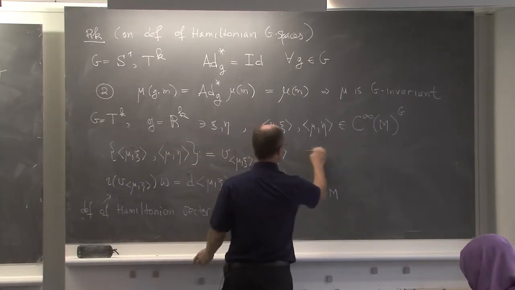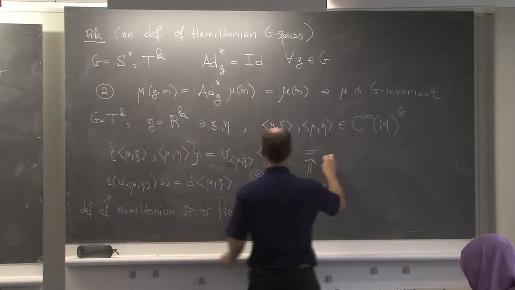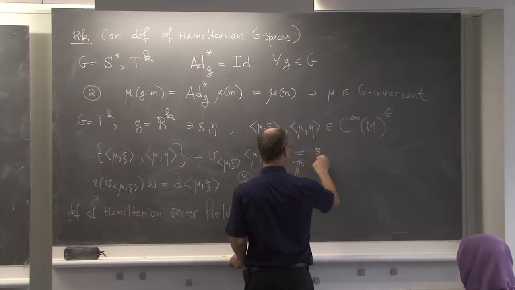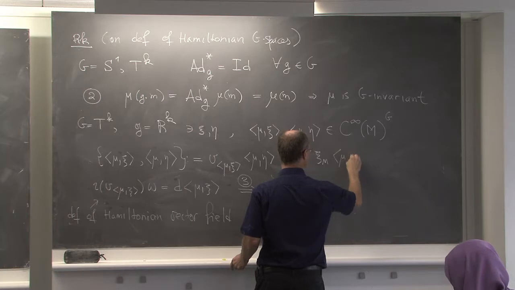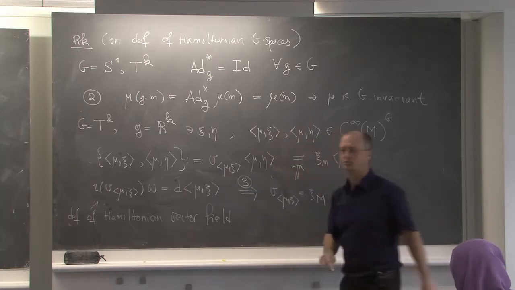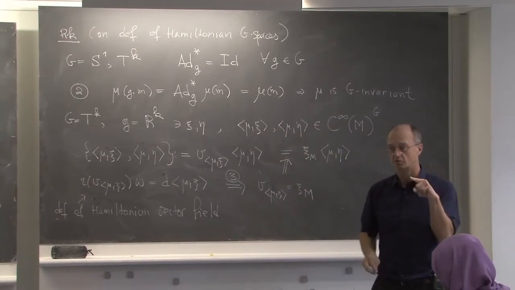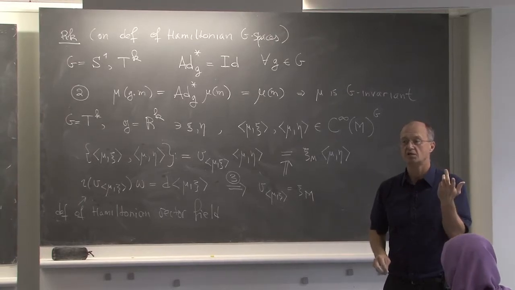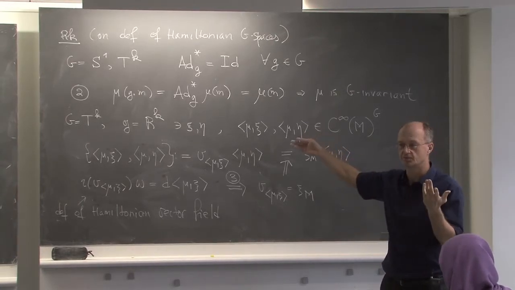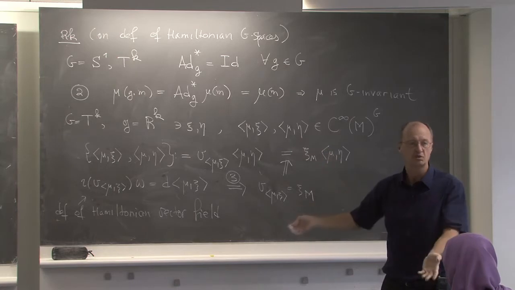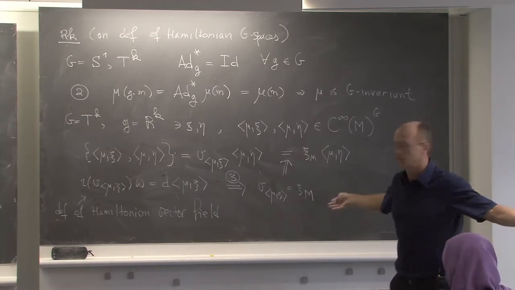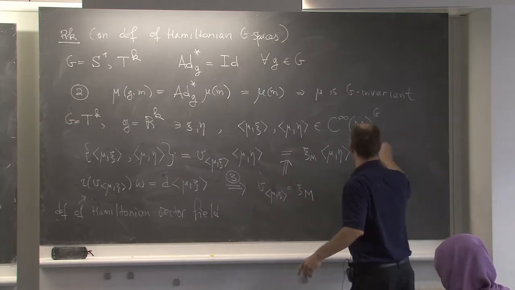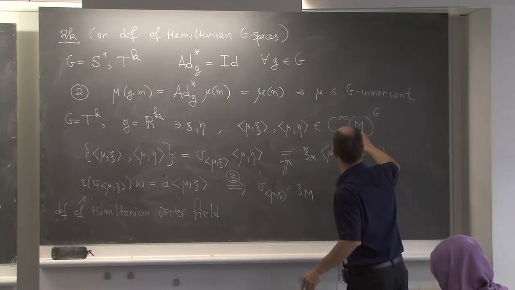So this means that here we have xi_M acting on the function mu^eta. Now, the function mu^eta is invariant under the G action. We want to act on it by a fundamental vector field. What do we get? 0. Right. And this is by this G-invariance.